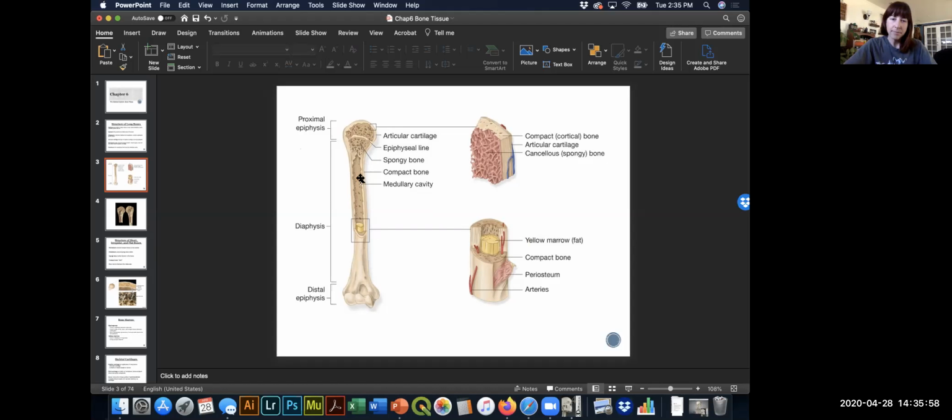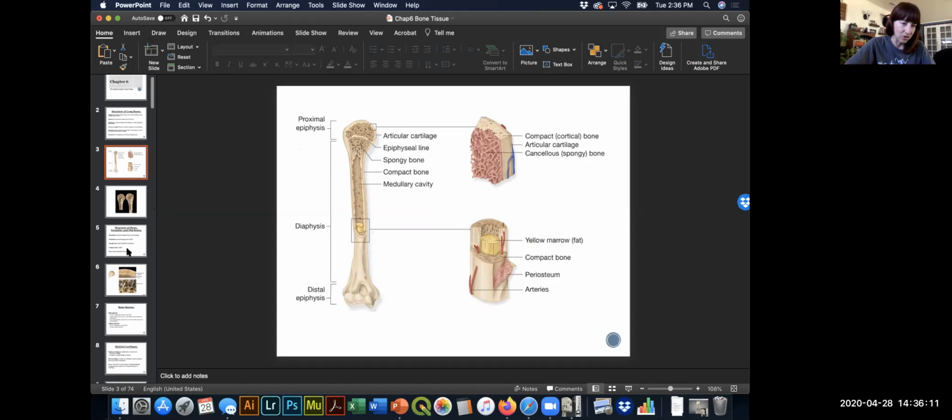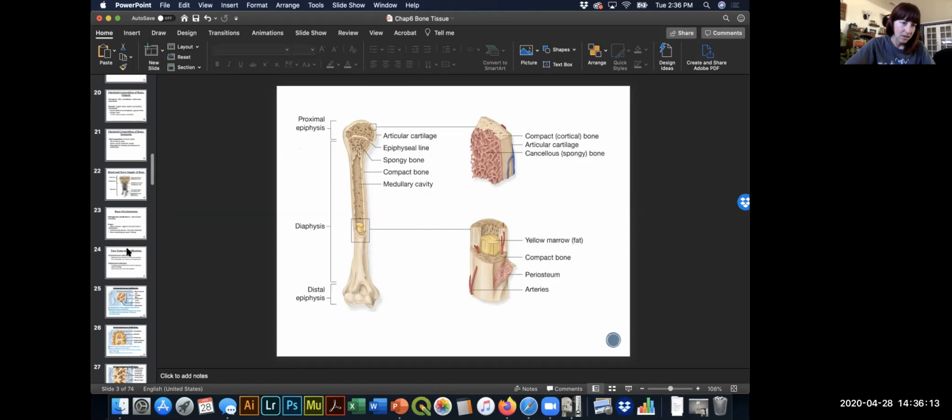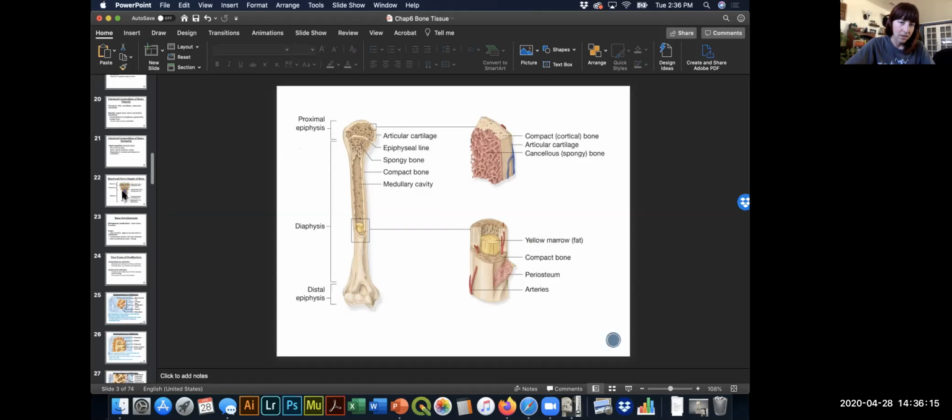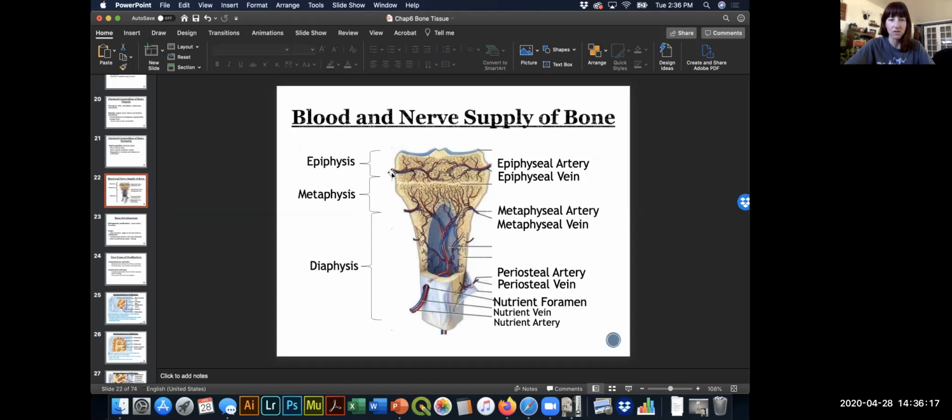So diaphysis is the shaft, epiphyses are the ends, the metaphyses are the little areas in between the epiphysis and the diaphysis, and you can see that in this image here. So here's the epiphysis, here's the metaphysis from here to here, and the diaphysis.